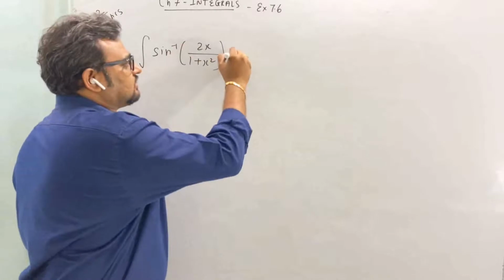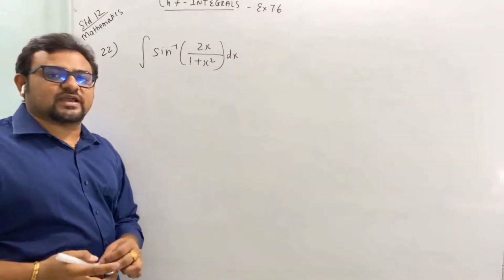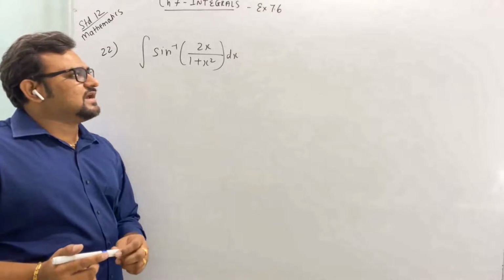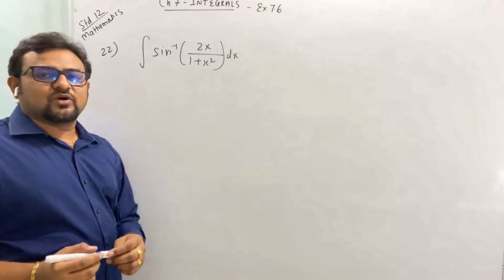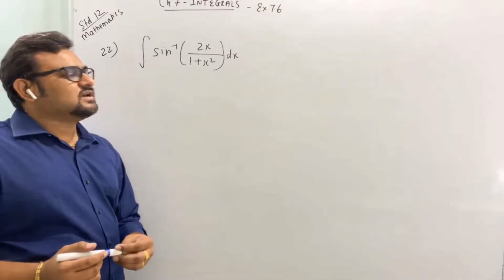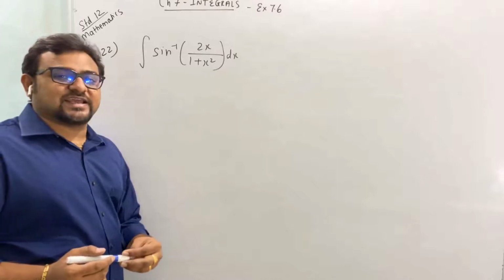Okay. Now this is not based on e raised to x, right? So 2x upon 1 plus x square. What can we assume that 2x upon 1 plus x square? Okay, we can assume it as tan theta.